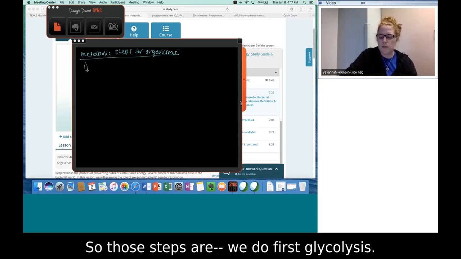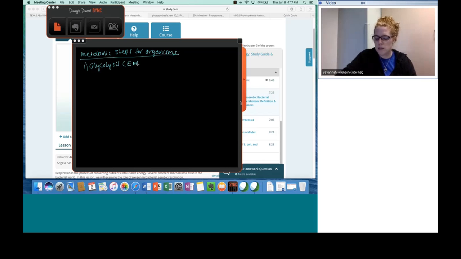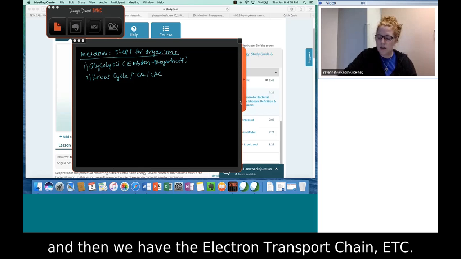Those steps are: first glycolysis, another name for which is Embden-Meyerhof. Then we have the Krebs cycle, like I said, TCA or CAC, and then we have the electron transport chain.